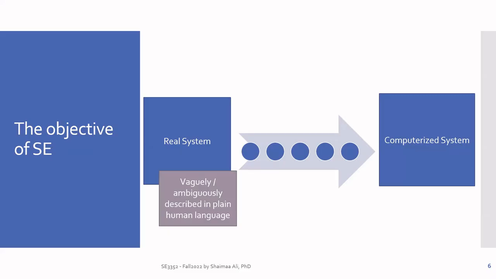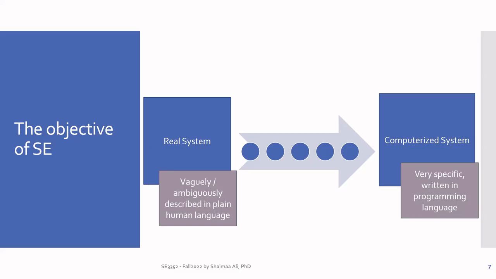When you create a computerized system, you write it in a programming language, right? Is there any vagueness in programming language? No, the line that you write is very particular in action, and there are no interpretations and no possibilities. There is exactly one meaning. You write a line of code, this one line of code has exactly one meaning, right?